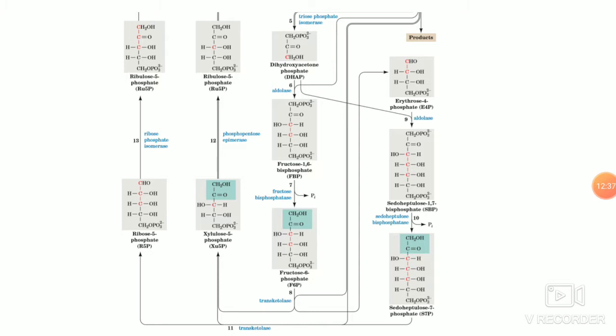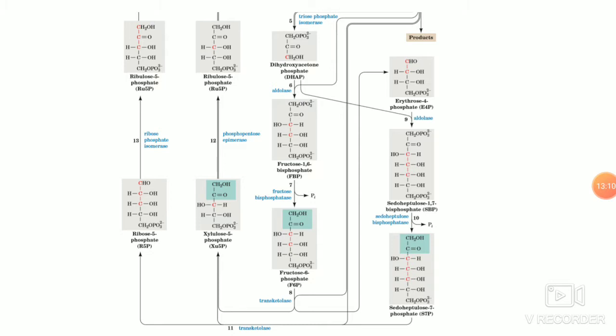Okay, in reaction 6 there is reverse of glycolytic reaction, that is by adding one more molecule of glyceraldehyde 3-phosphate, you have formation of fructose 1,6-bisphosphate using aldolase enzyme. And then the same aldolase enzyme, with the help of erythrose 4-phosphate, forms sedoheptulose 1,7-bisphosphate.